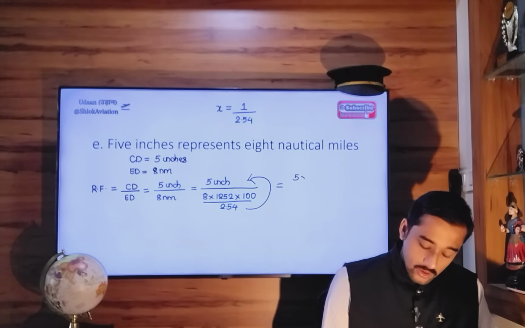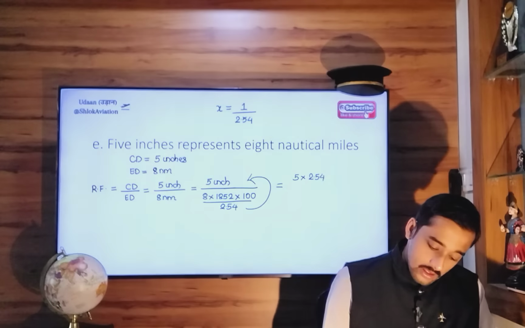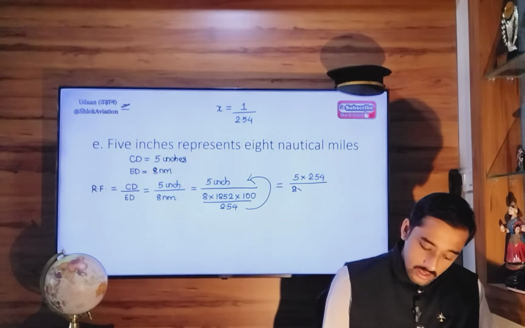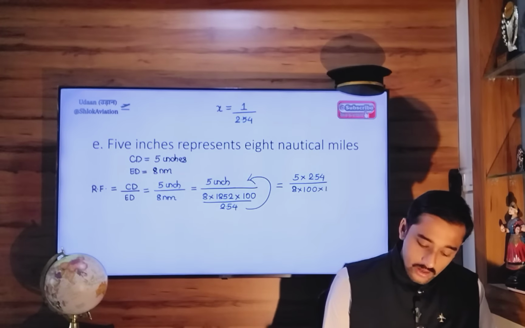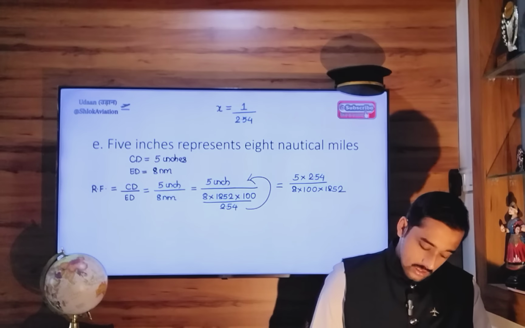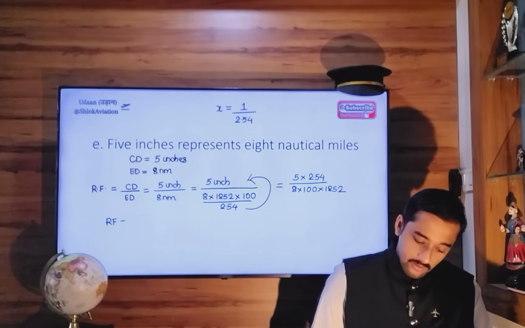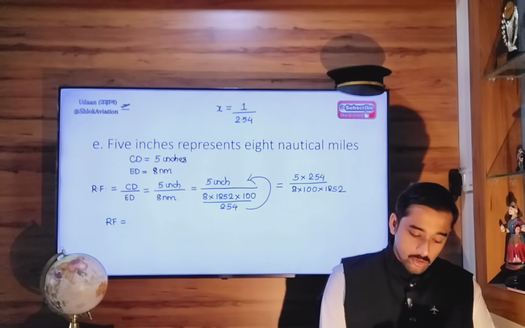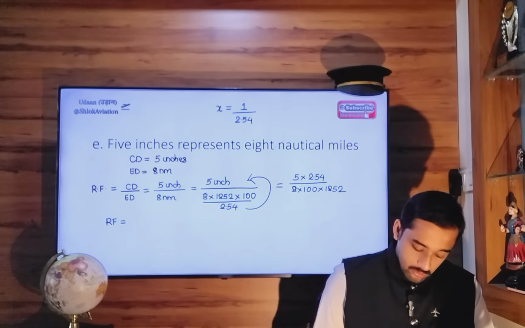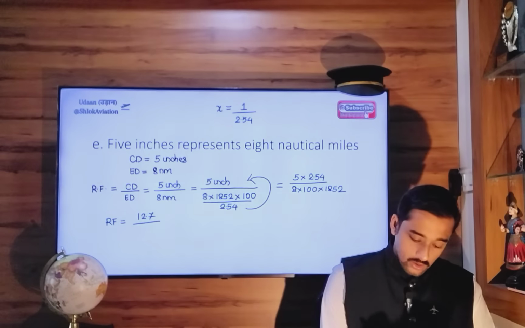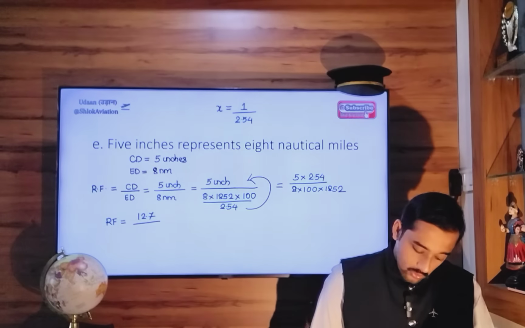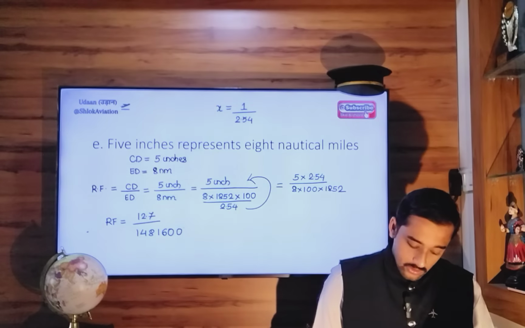So 5 into 2.54 divided by 8 into 100 into 1852. So representative fraction will be equal to 5 into 2.54, 12.7, divided by 8 into 100 into 1852, that is 1481600.